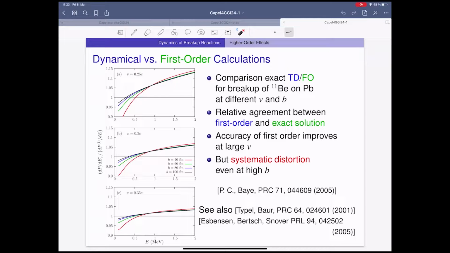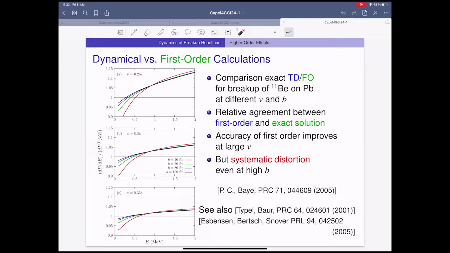And it's something we've looked at in more detail with Daniel Baye in 2005. Here we've looked at different impact parameters. This is within the time-dependent framework, so the semi-classical approximation. And we've looked at this breakup probability partial wave per partial wave.